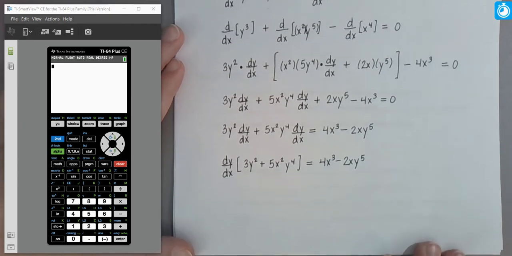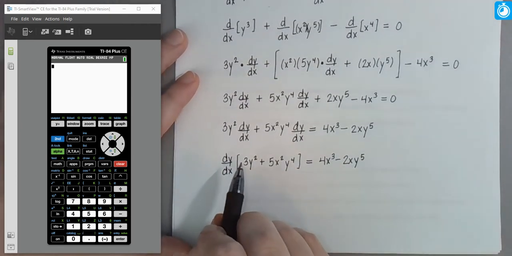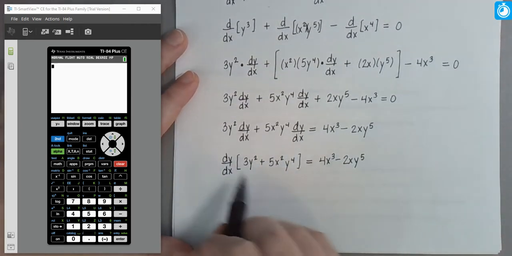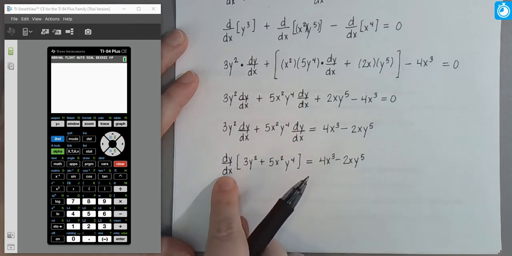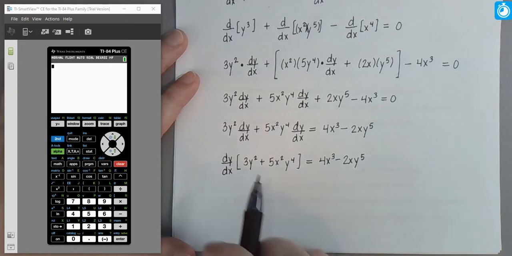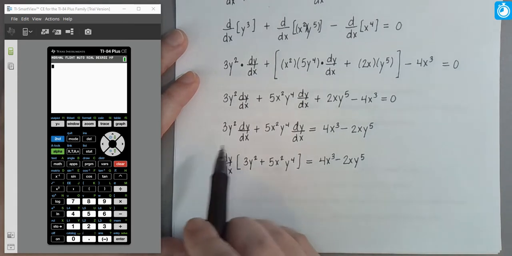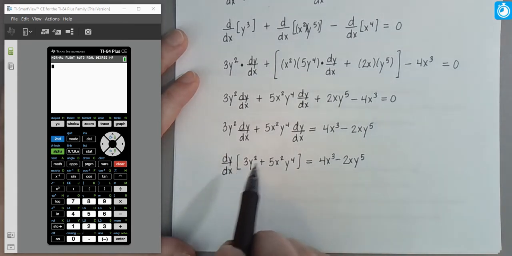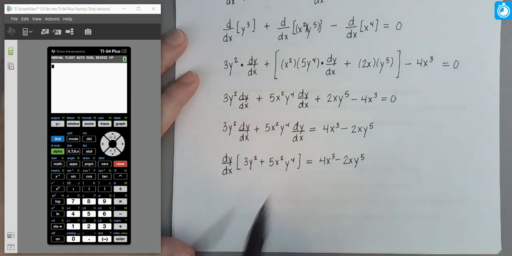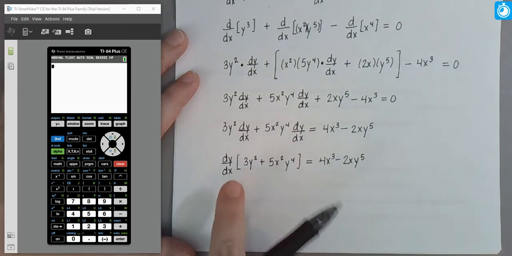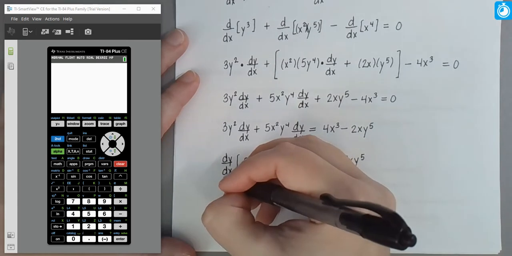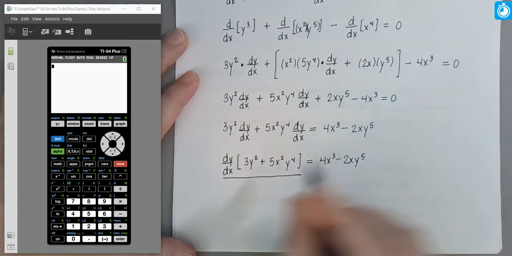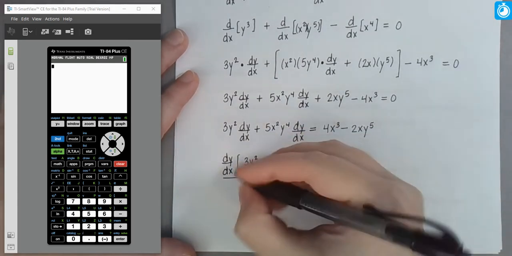So the thing to notice now is that we have a factor multiplied by this factor of dy dx, something multiplied by something else. Well, anytime we want to isolate one factor that's being multiplied by another factor, we just divide it out. So to isolate our dy dx, we're going to divide out everything here in brackets.